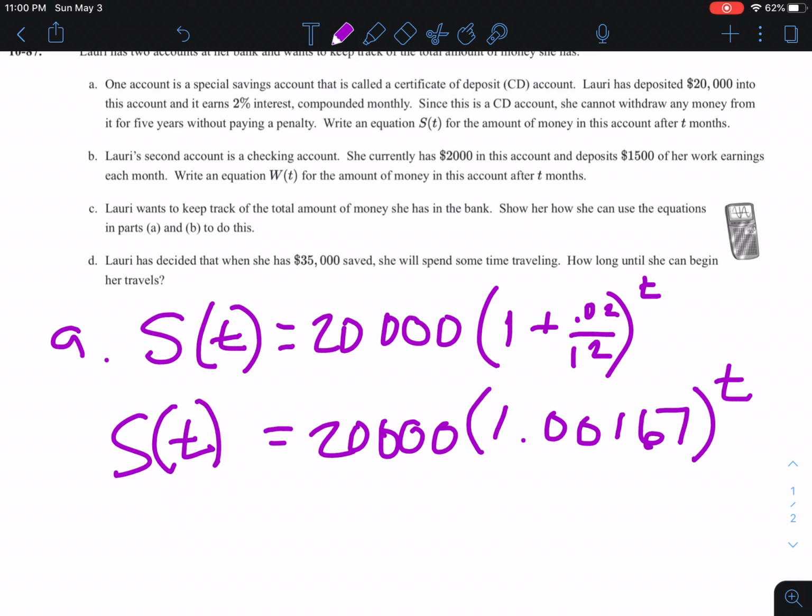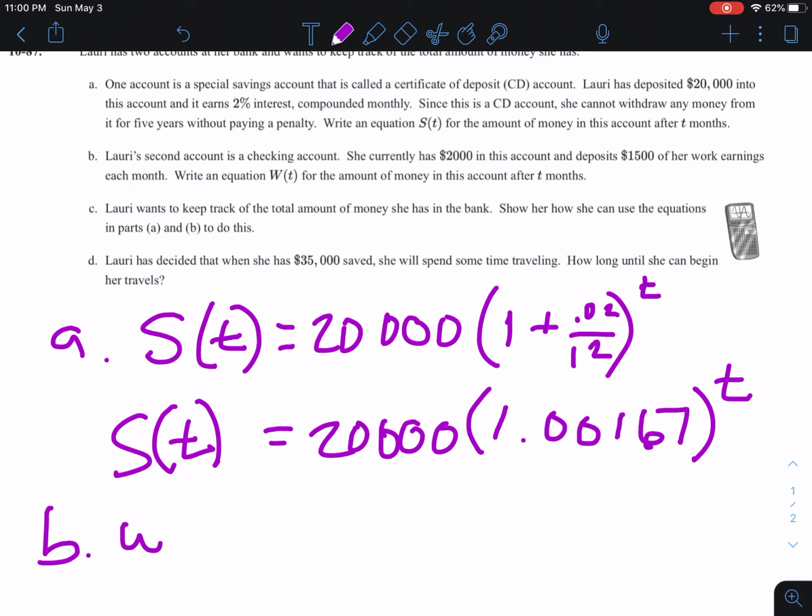Now, B is a little more simple equation. It says she has a second account. It's a checking account. She currently has $2,000 in this account, and she deposits $1,500 of her work earnings each month. Write an equation using W of t.